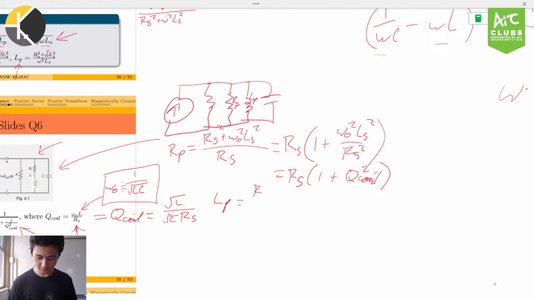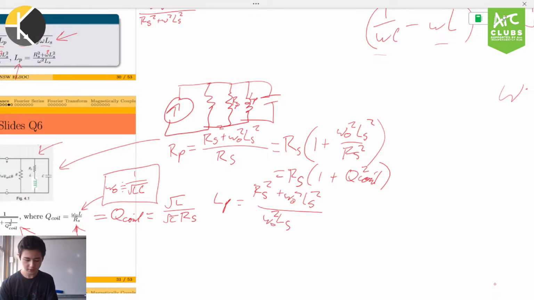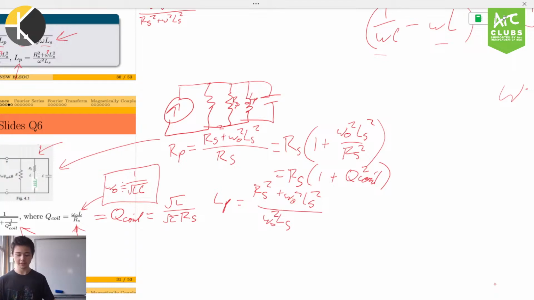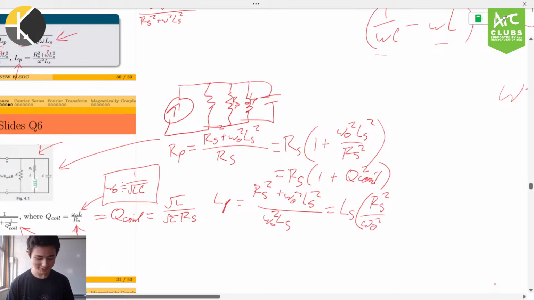Now, that may not be immediately relevant, but I'm also going to do the same thing with LP. LP equals RS squared plus omega 0 squared LS squared all over LS. Is it omega squared LS? Yeah. Now, I can once more multiply and divide everything by LS to express LP as a multiple of LS. So I get LP equals LS outside of RS squared on omega 0 squared LS squared plus 1.